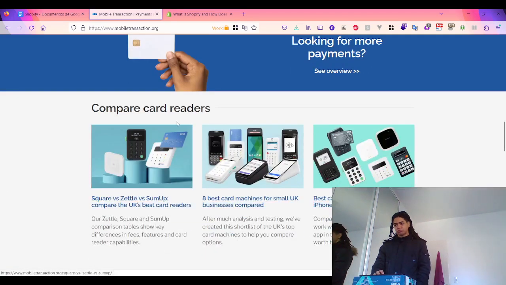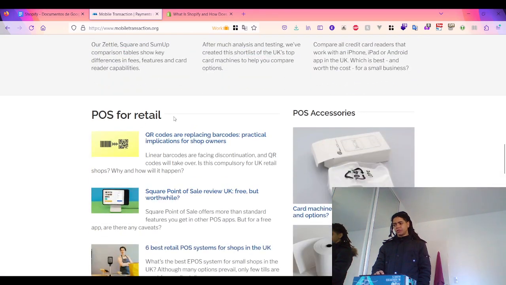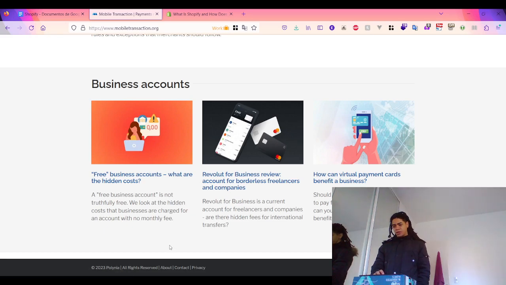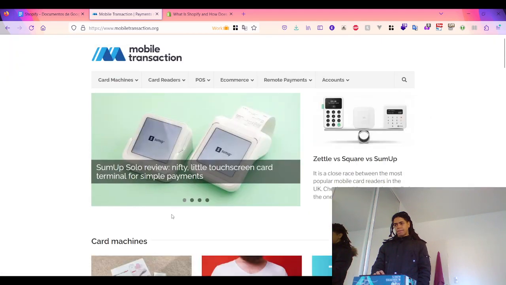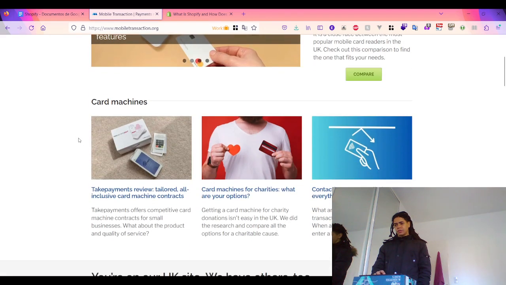Interesting. Compare card readers, mobiletransaction.org. Who found it? All right, research about contact privacy. Okay, so mobile transaction.